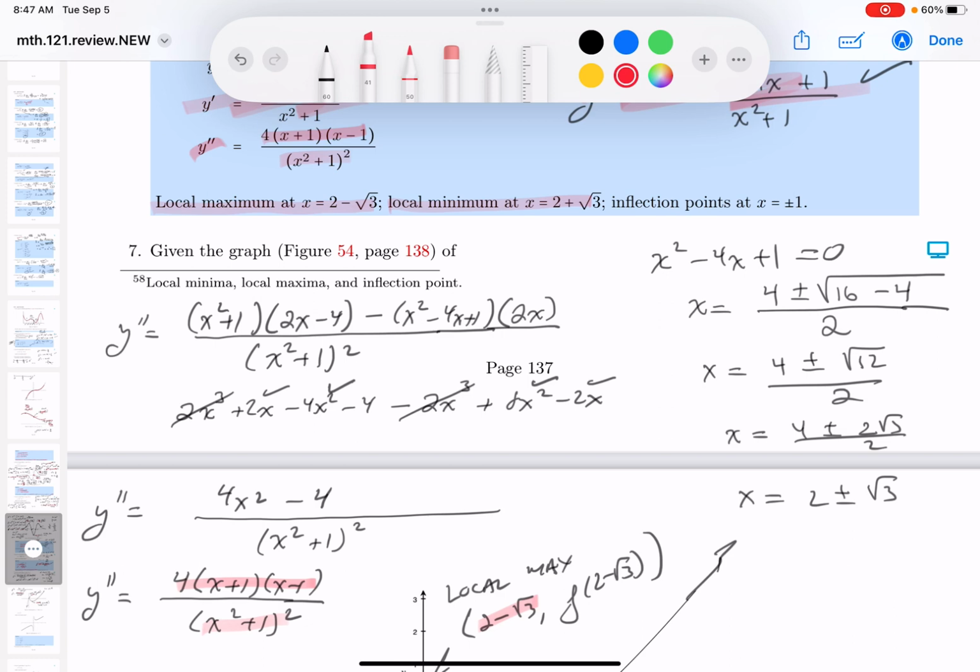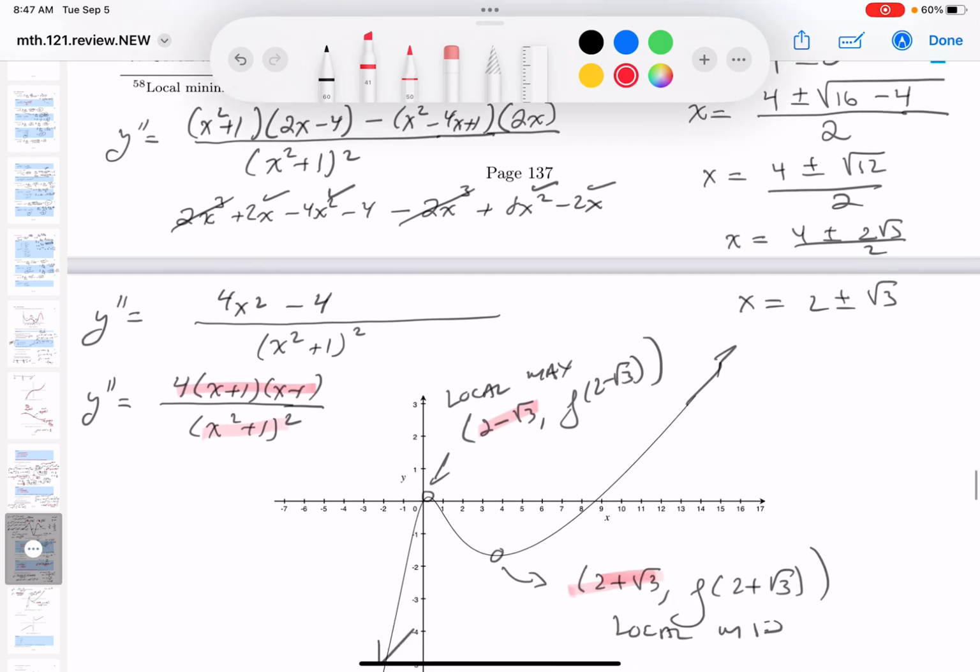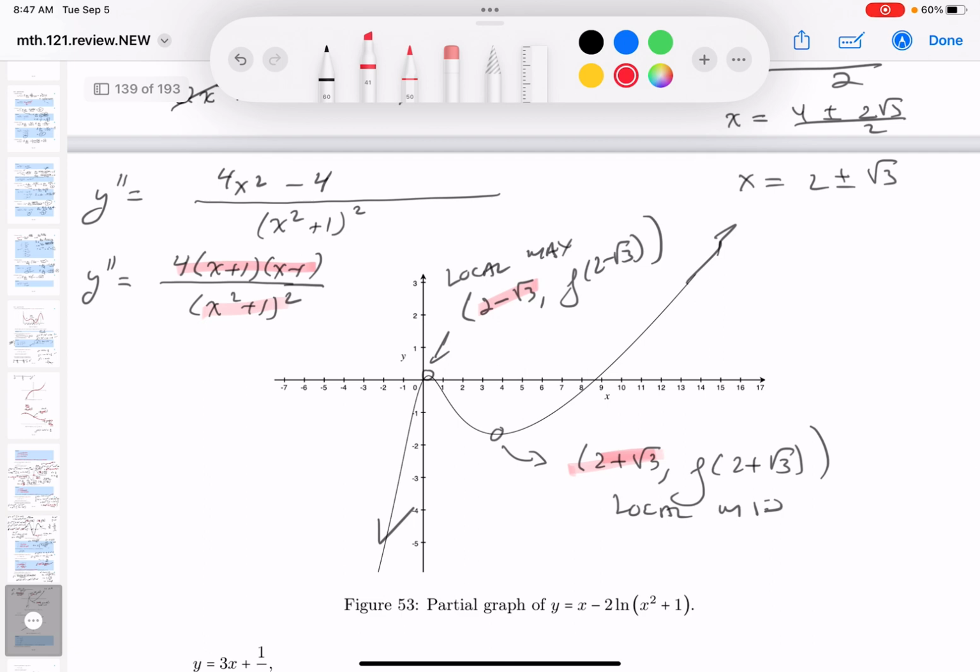So then the question becomes, what does this give me information about the concavity of it? So looking at it, I'm going to say there's 2 points where the concavity is changing. And it's at plus or minus 1. Right here. I see it at 1. I see it going like this.